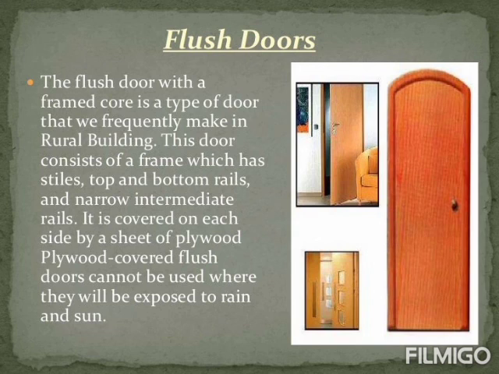This door consists of a frame which has stiles, top and bottom rails, and narrow intermediate rails. It is covered on each side by a sheet of plywood. Plywood covered flush doors cannot be used where they will be exposed to rain and sun.